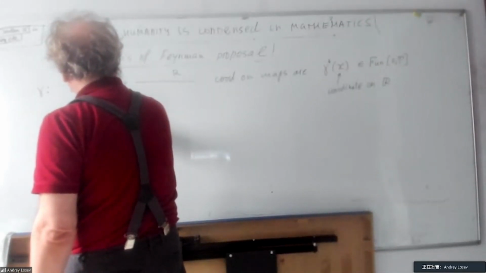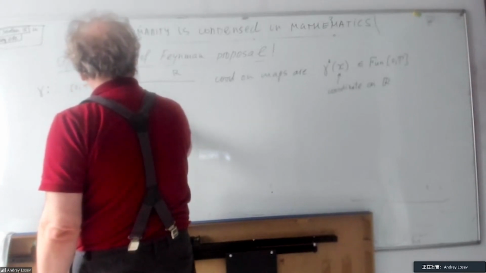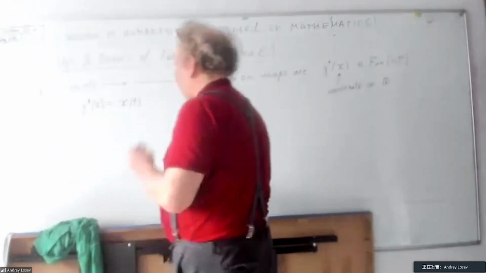And physicists write gamma star of x as x of t.